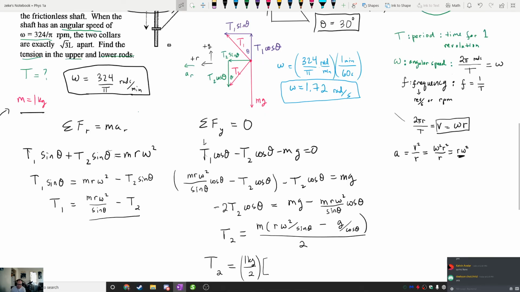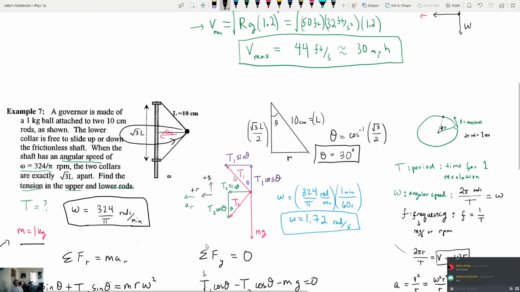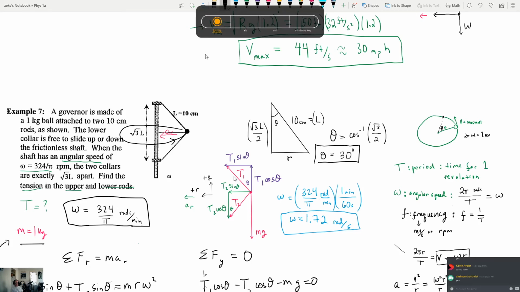So R would be this, right? Because it's this triangle right here, and R is the bottom side. So R is going to be equal to probably 5 centimeters, right? Yeah.